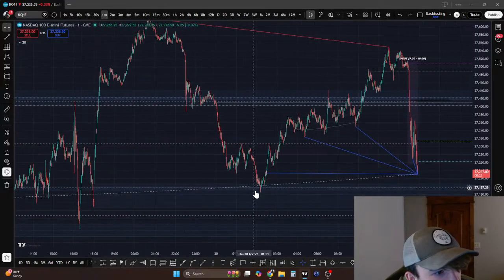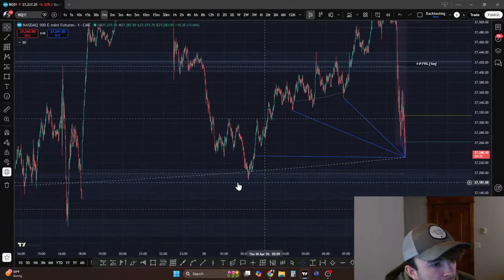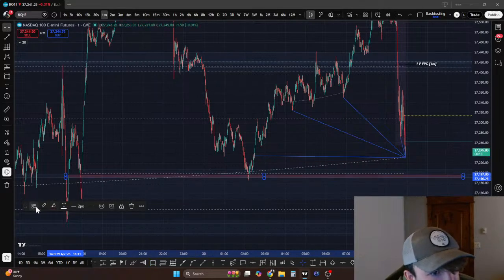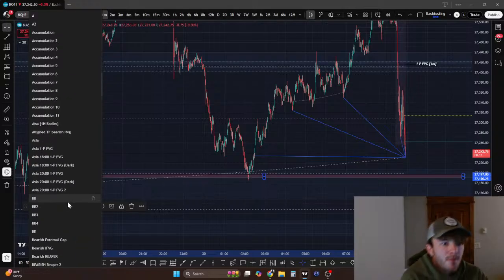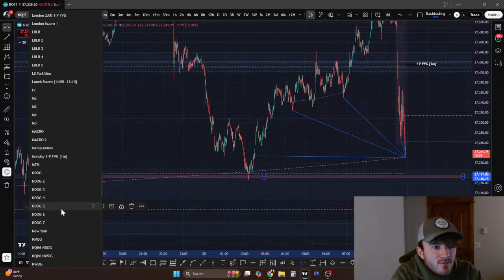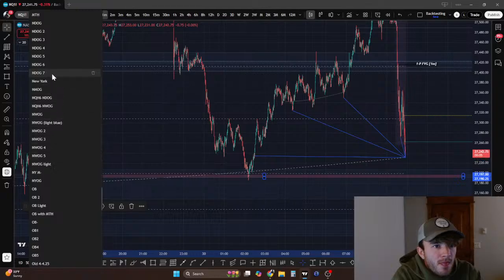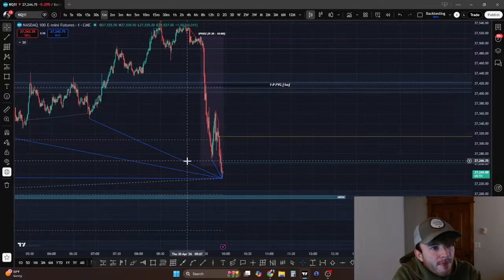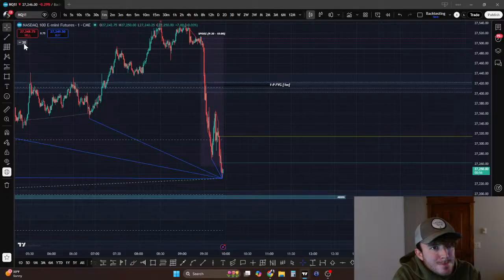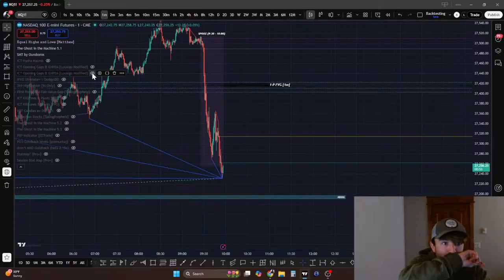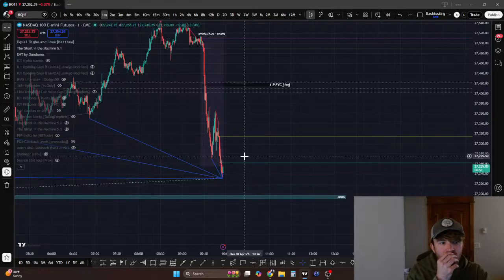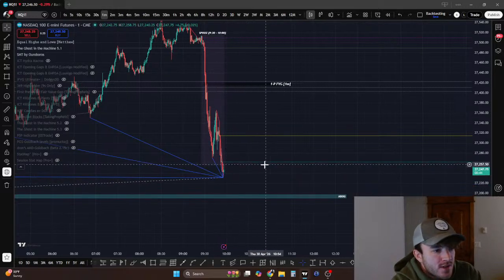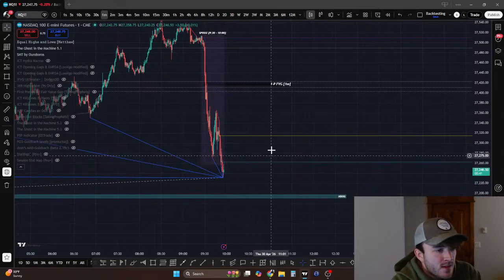We have a new day opening gap right here. Like I said, if you imagine these as 30-minute candles, we're probably not going to reverse till 10:30 and then 11.